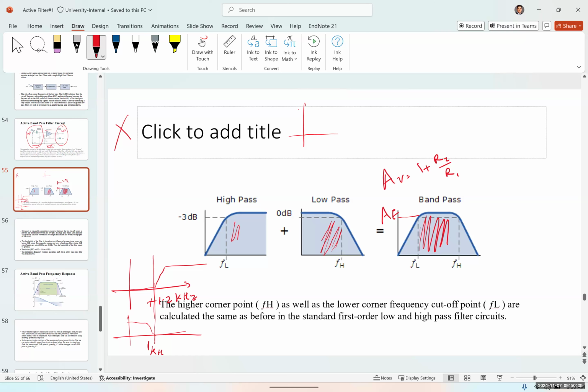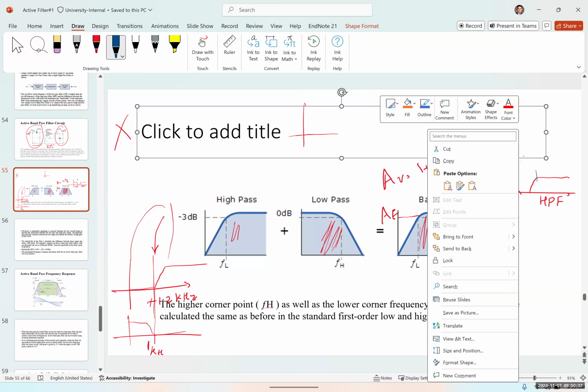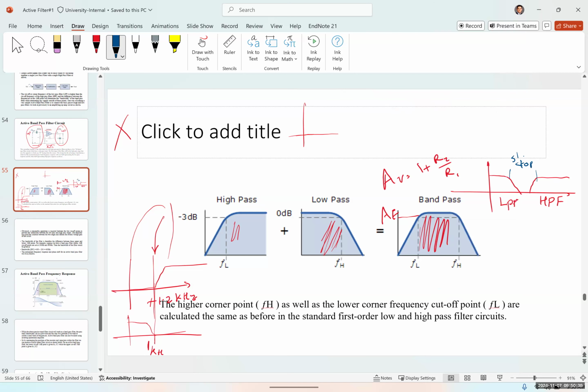Interesting enough, we have an application for this filter as well. This is actually called a notch filter. So if we add a low pass filter with a high pass filter like this, so this is the LPF and this is the HPF or high pass filter, we have created a zone which is called a stop band or the stop zone.